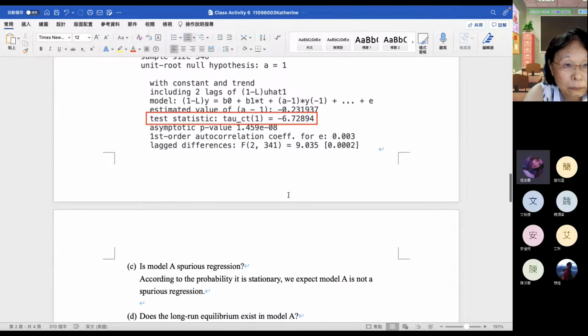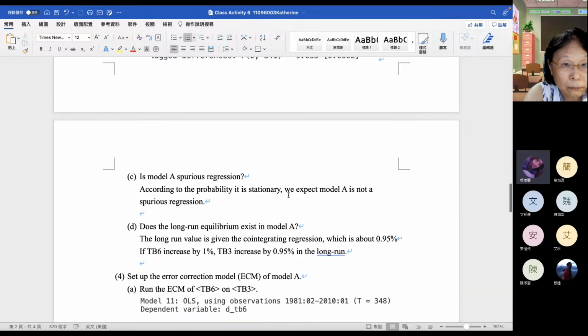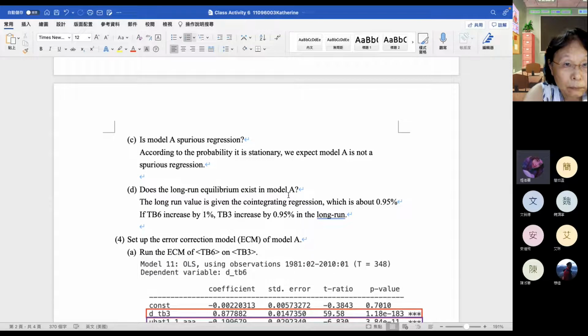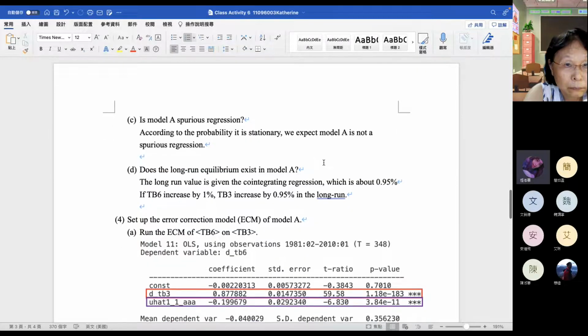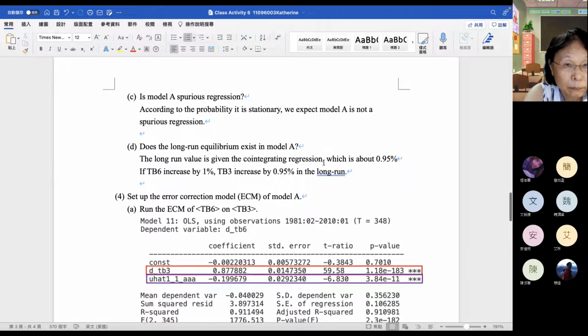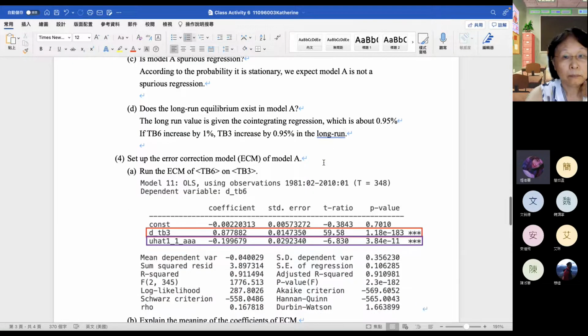So like this one. And part C is model A specifications. And according to the probability, it is stationary, so we expect no spurious regression.